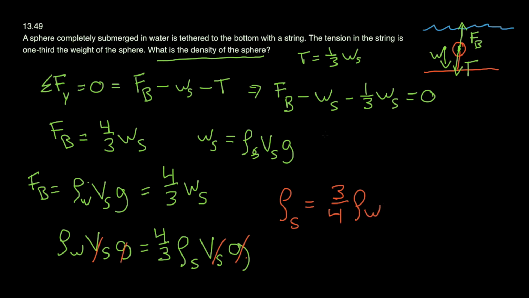And the density of water, if you remember, is equal to 1,000 kilograms per meter cubed. And so 3/4 of 1,000 is equal to 750 kilograms per meter cubed.